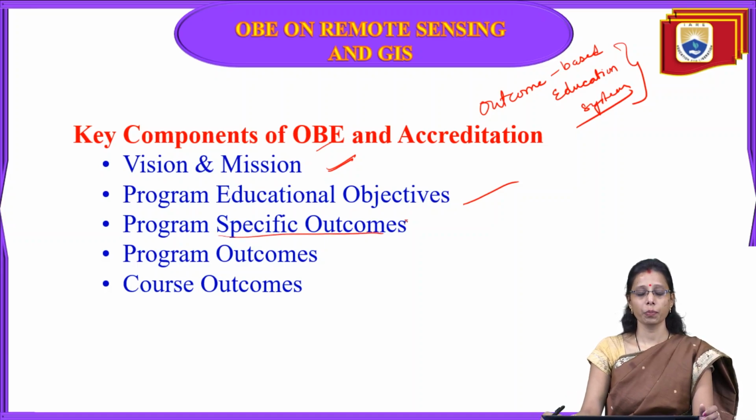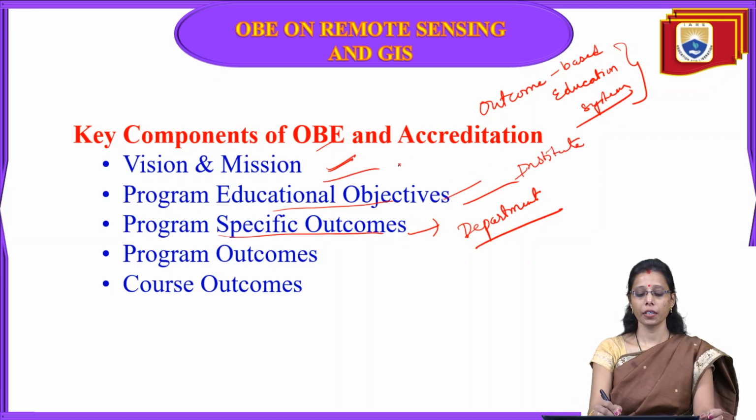So what are the program specific outcomes? The PSOs, the specific outcomes, are totally related to the department. Whereas the PEOs are related to the institute as well as the department.